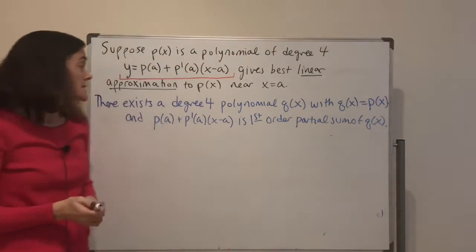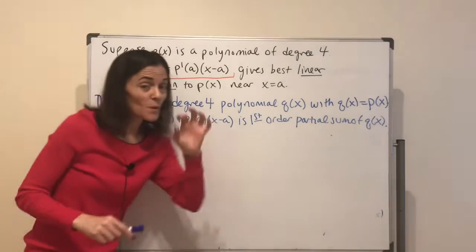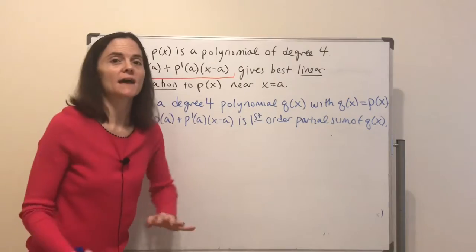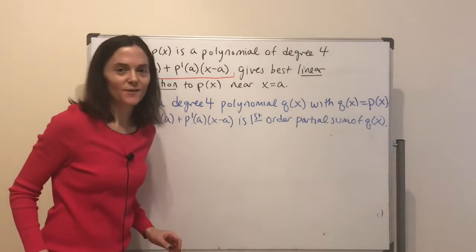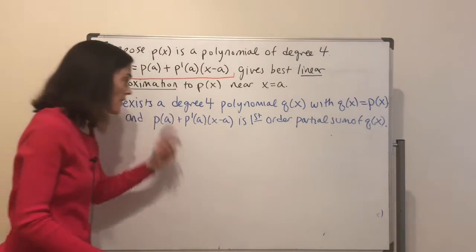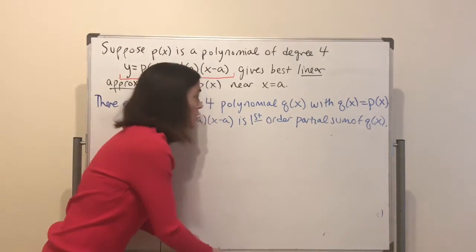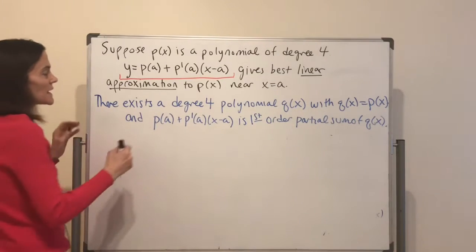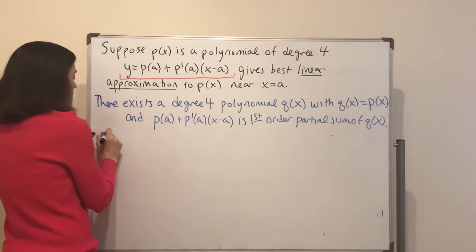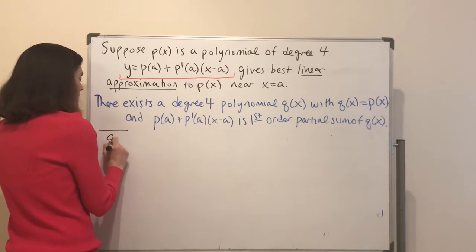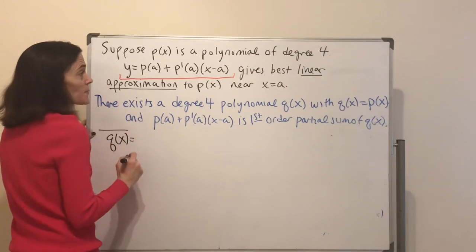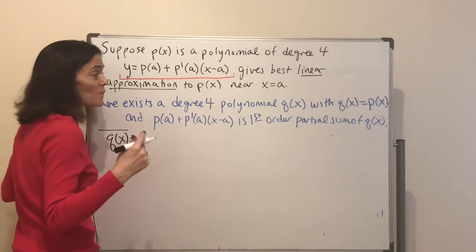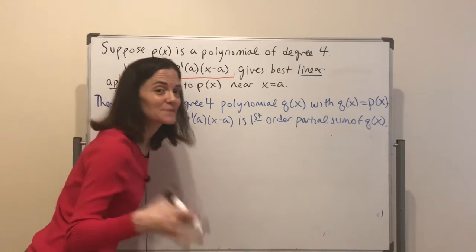Now, you will see things like this in your homework. It'll give you a polynomial, and it'll say, rewrite this polynomial as a polynomial centered at some a value. This is what you're going to do, although I am going to show you what the coefficients must look like. So let's suppose q of x is a degree 4 polynomial centered at a, and I will figure out what the coefficients must be.